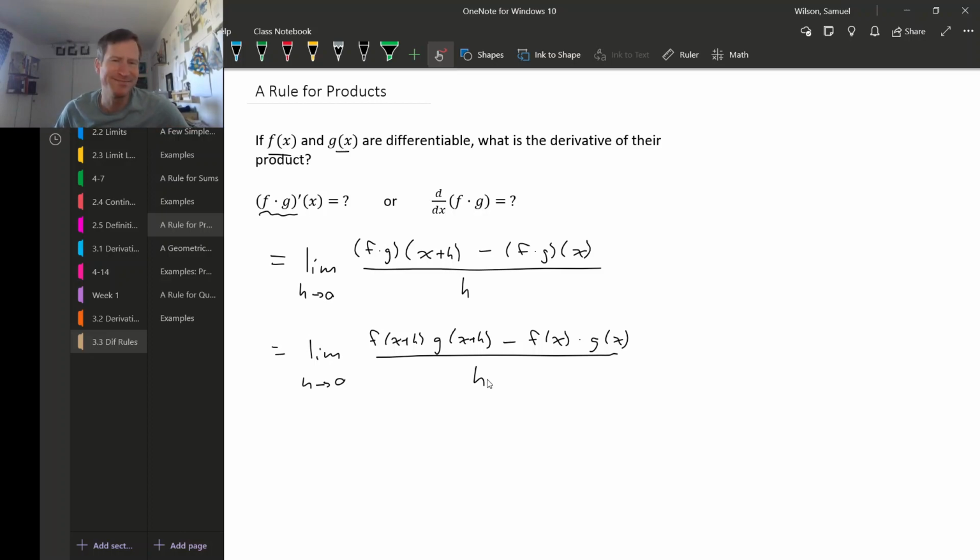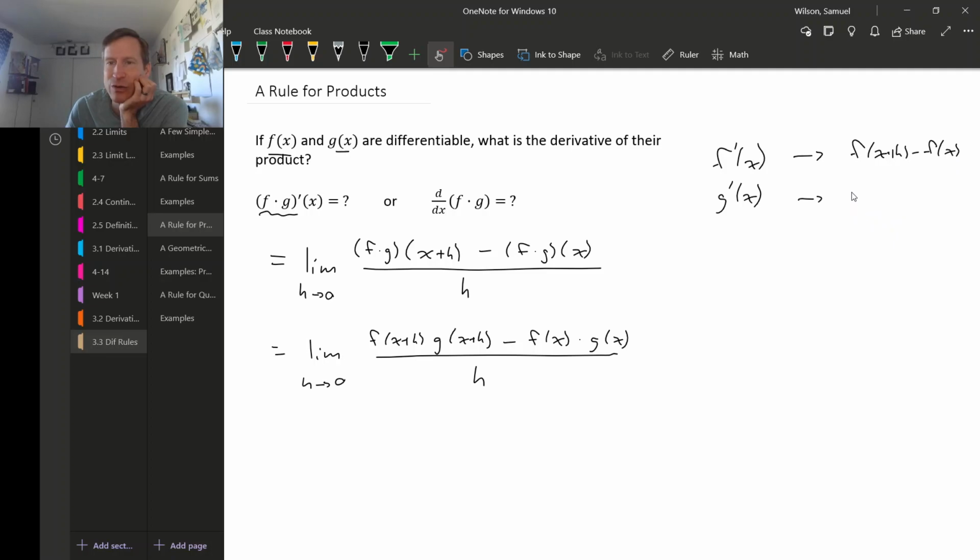All right, well, at this point, it's kind of hard to know what to do. Based on our experience with the sum rule, finding a derivative rule for sums, we sort of expect possibly f prime of x and g prime of x to show up somehow. But to get f prime to show up, we should have f of x plus h minus f of x showing up somewhere.